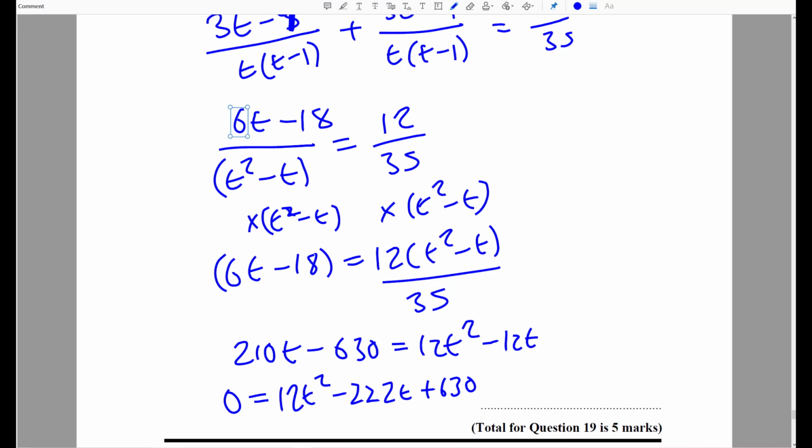Now we can divide this all out by 6. I'm just going to put the line of working out here. So let's divide everything by 6 to make it easier. Or you can just use the quadratic formula here, guys.